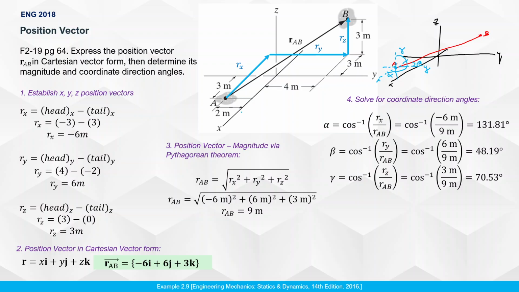So 2 meters from the x-axis, 3 meters from the negative y-axis, 4 meters from the positive x-axis, 3 meters from the positive y-axis. Okay? Pero para makuha mo yung Rx, Ry, and Rz. But when you're talking about yung coordinate direction angles na, you're referring na to the actual position vector itong buong to. So, yan, yung AB. Okay?